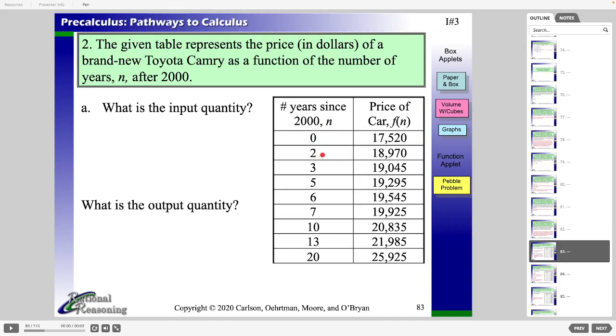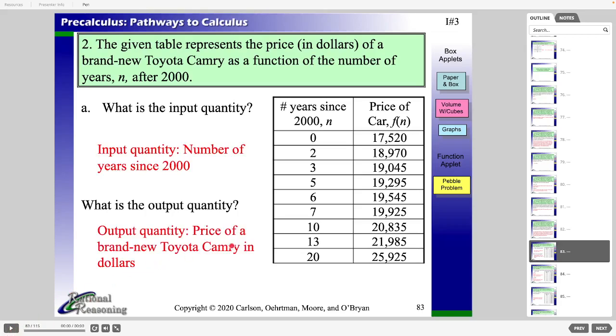So the year 2 represents 2002, and the output is the price of the car, a new Toyota Camry in those given years. So over a 20-year period, it went from 17,520 to 25,925.